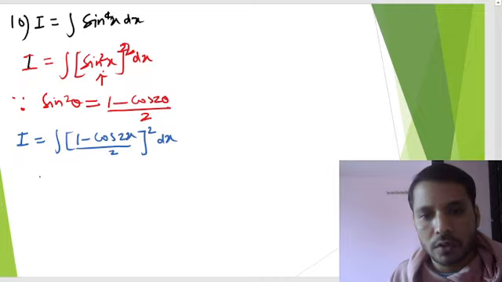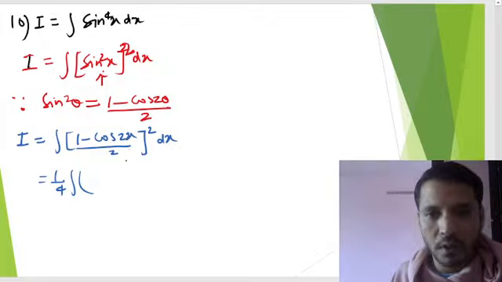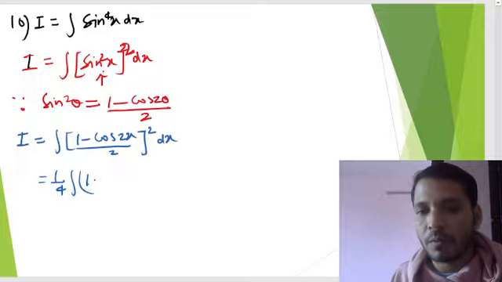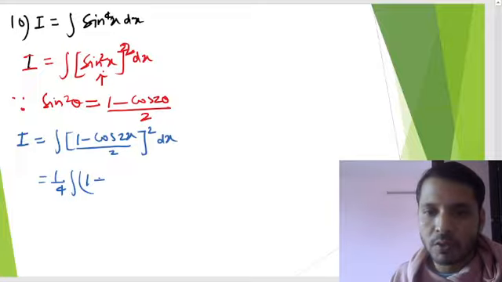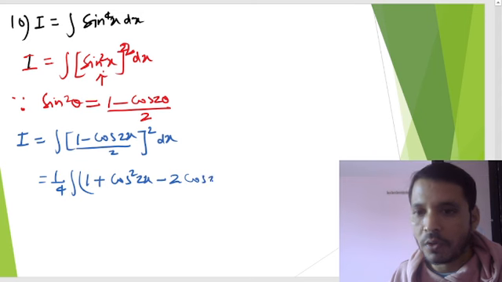Now this 1 by 2 squared will become 1 by 4, and we are writing it outside, and what is the a minus b identity? So here it will become a square plus b square, that means 1 square plus cos square 2x, minus 2ab, that means 2 times cos 2x into dx.